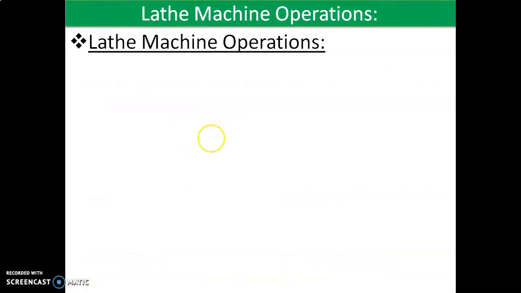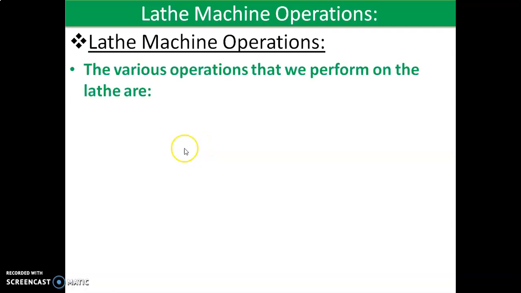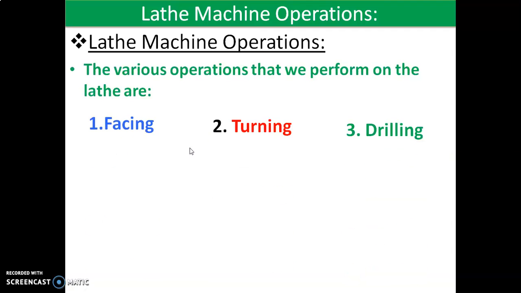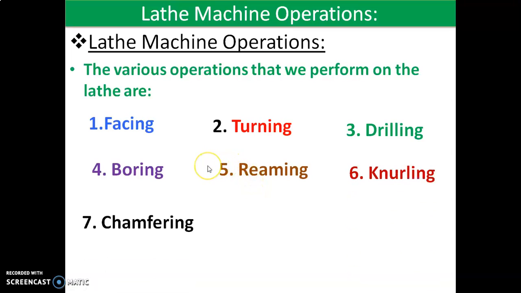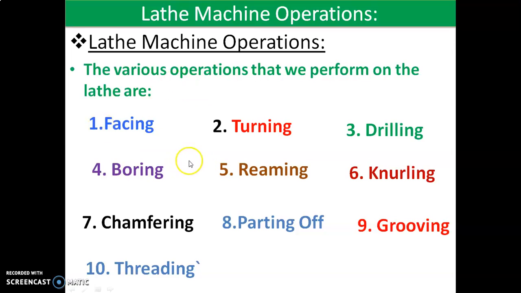The various operations that we perform on the lathe machine are: first one facing, second one turning, third one drilling, fourth one boring, fifth one reaming, sixth one knurling, seventh one chamfering, eighth one parting, ninth one grooving, and tenth one threading, etc. These are some of the operations we generally perform on the lathe machine.